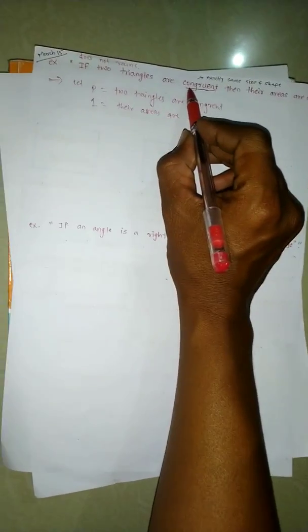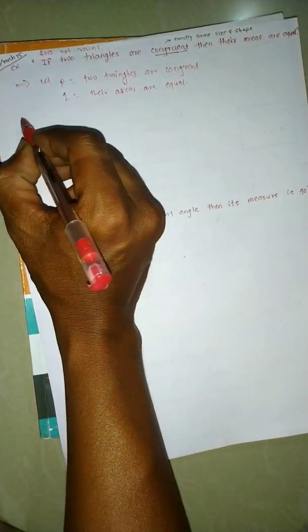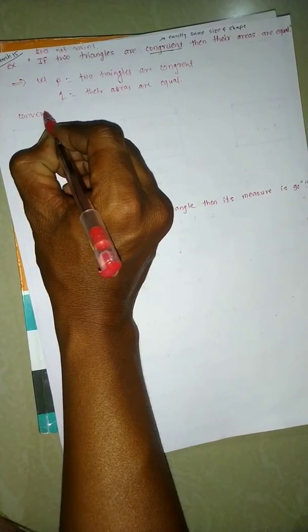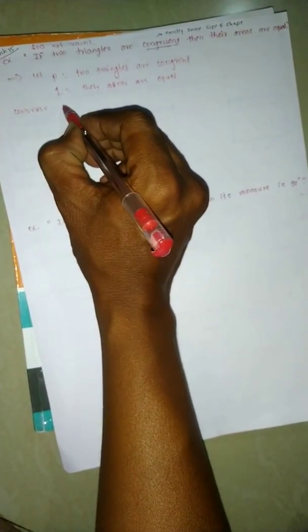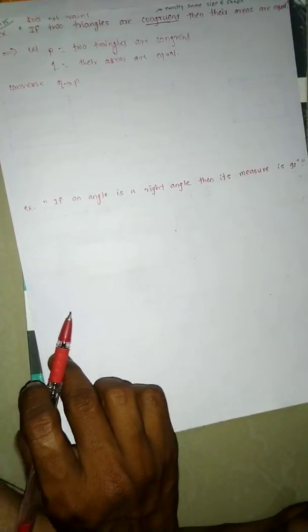Here congruent means exactly the same size and shape. Then the converse statement. We know the formula for converse: Q implies P. So how can we write this statement? If the areas of two triangles are equal, then they are congruent.